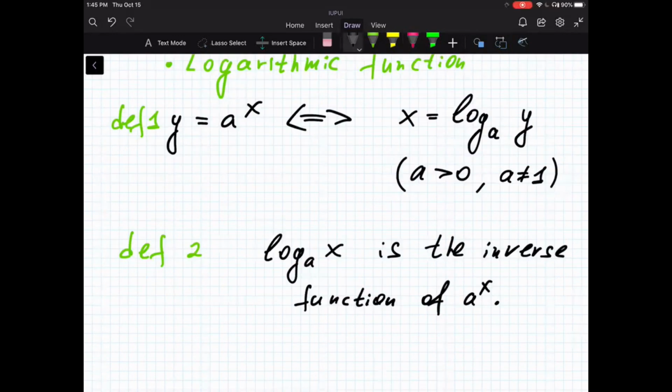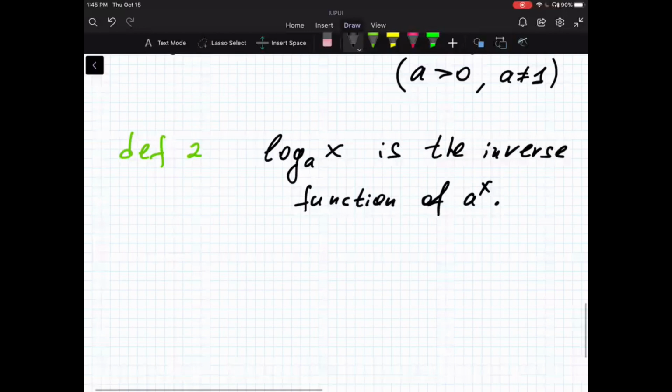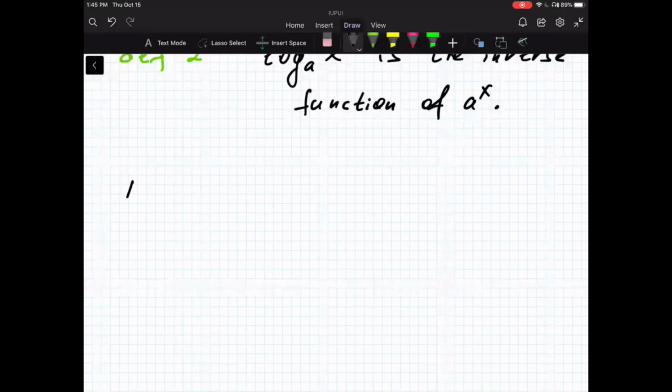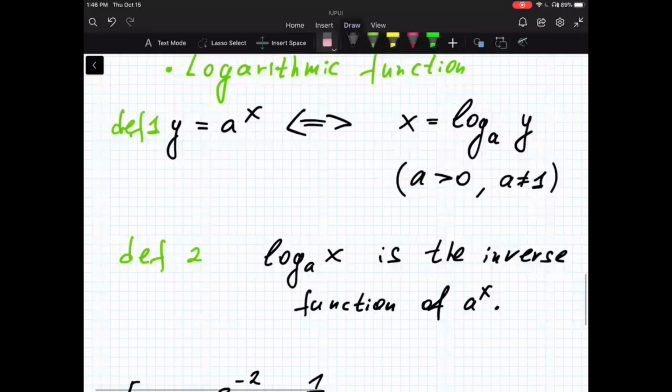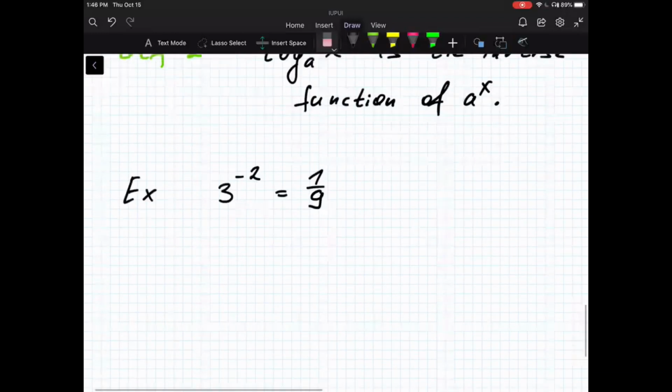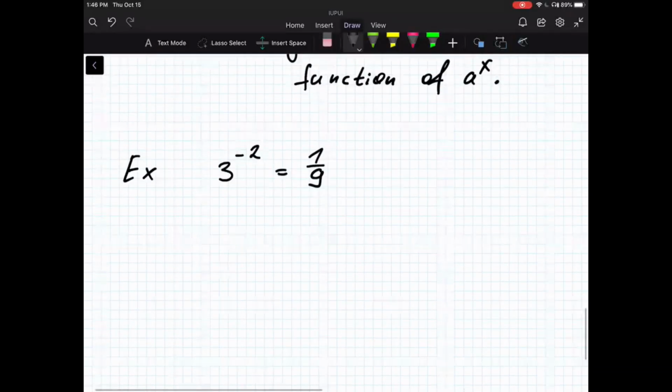Okay, so let's see how we can write the same equation in different forms, or the same connection. We know that 3 to the power minus 2 is 1/9. This is the left part of this relation, and we want to express it in terms of logarithm. So let me write it below what we have.